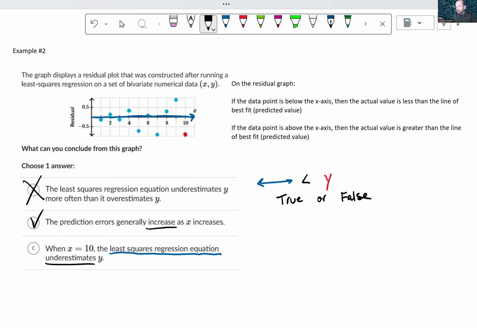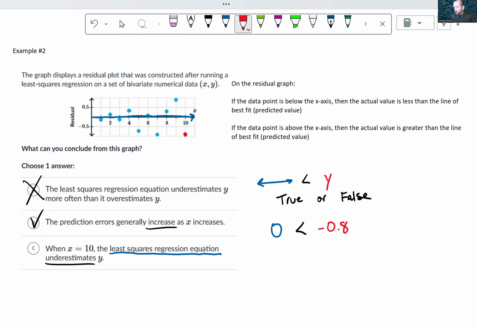Well, if we look at it in terms of residuals, our least squares regression line is at 0. So now we write 0 is less than our y value, which is our actual value on the y, and it looks like it's about negative 0.8. Now, is that true or false?